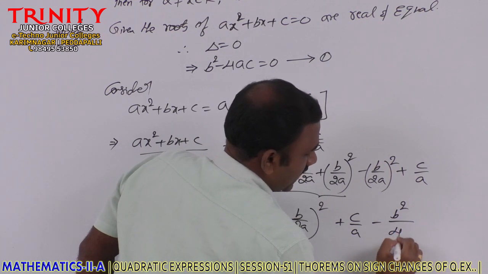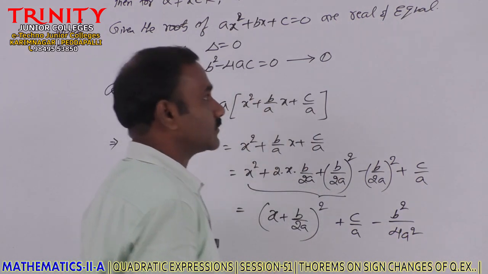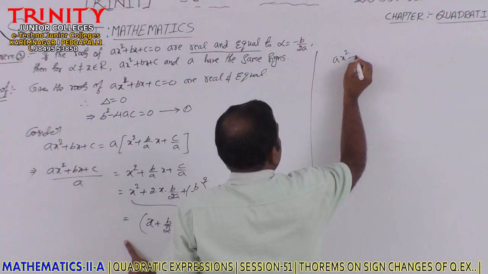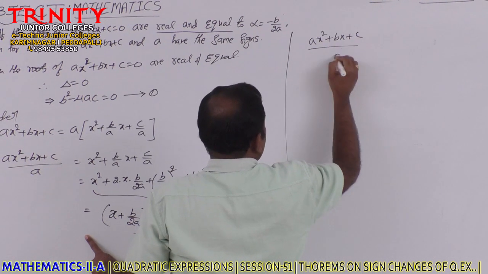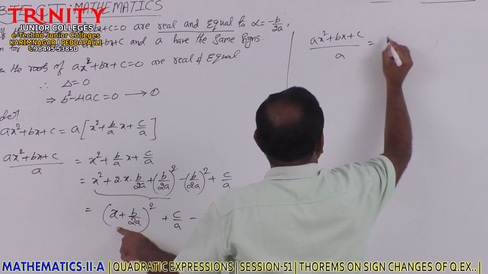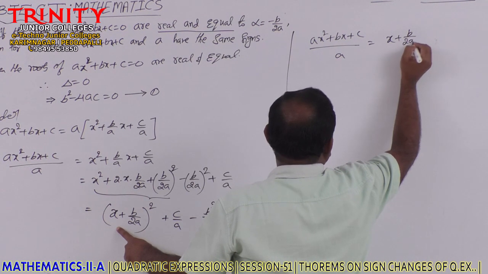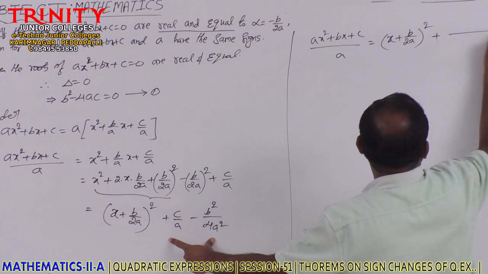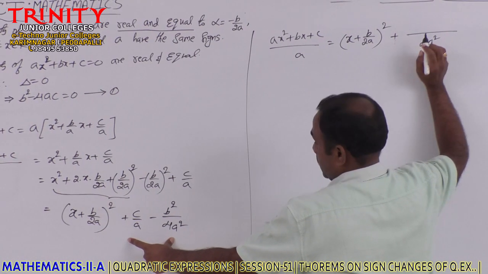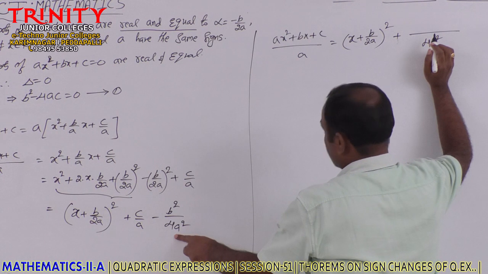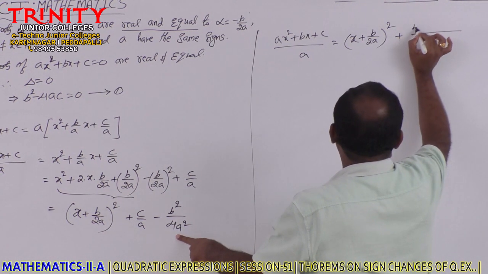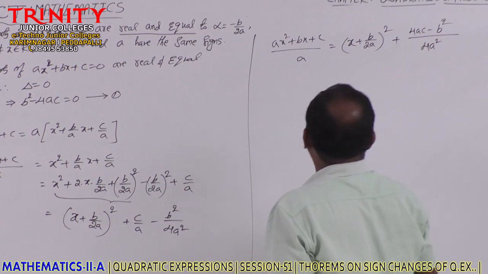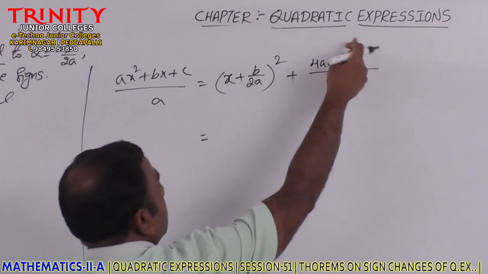So ax square plus bx plus c by a is equal to x plus b by 2a whole square plus, and for these two terms the LCM is 4a square. Then we will get 4ac minus b square over 4a square, and we know very well this part is 0.